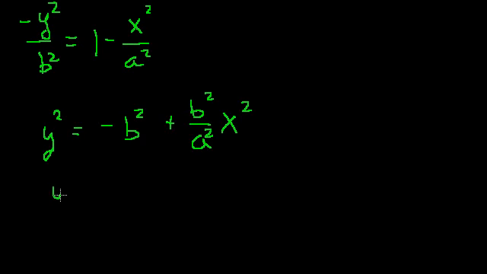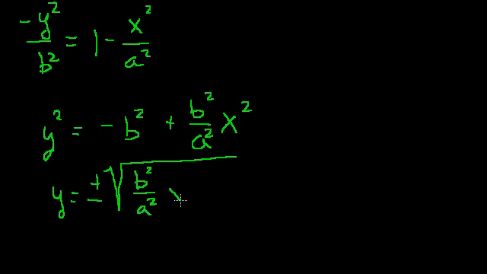Then you get y is equal to, and I'm doing this on purpose, the plus or minus square root, because it can be the plus or minus square root, of, and let's switch these around so I have the positive term first, b squared over a squared x squared minus b squared.